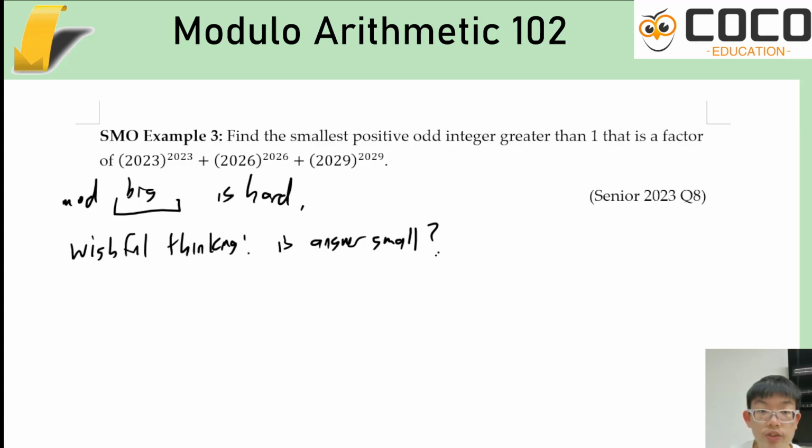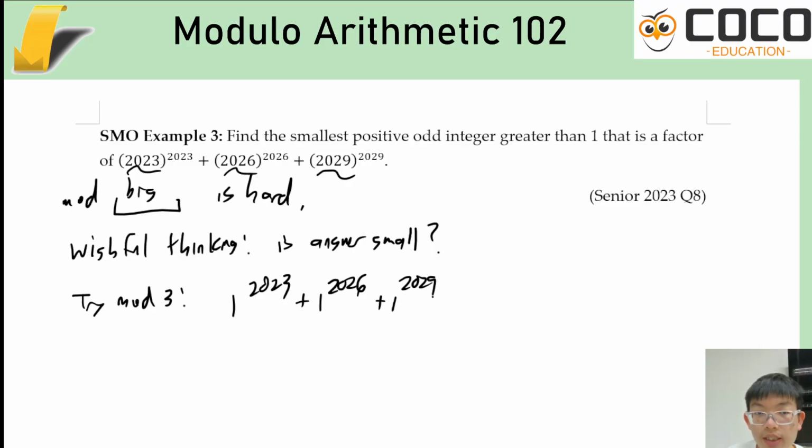Well, let's try 3. If you look at these, you will realize, much to our delight as well as mild amusement, that 2023 is congruent to 1 mod 3. And therefore, so is 2026, and so is 2029. And so the answer is 3.